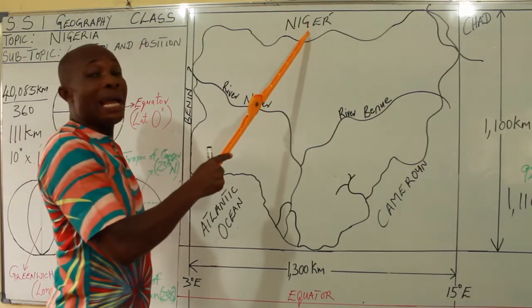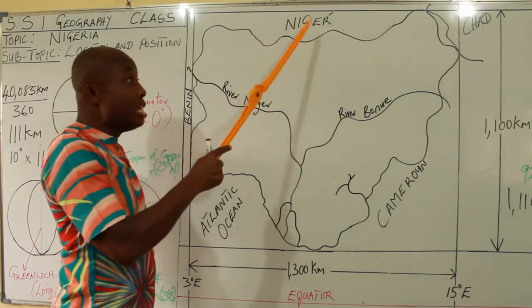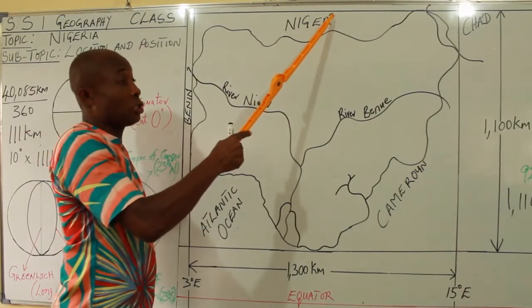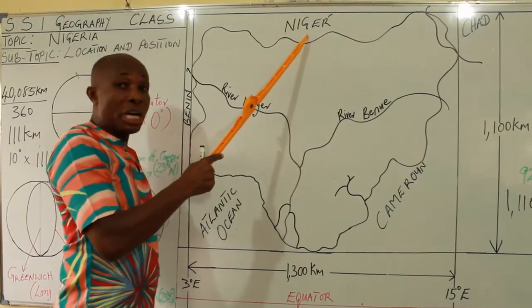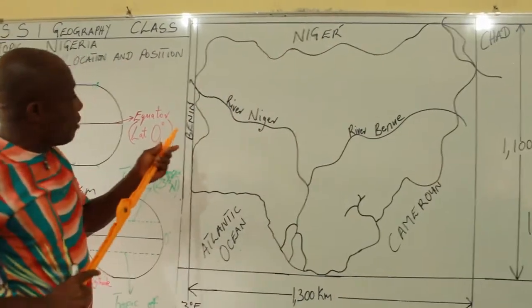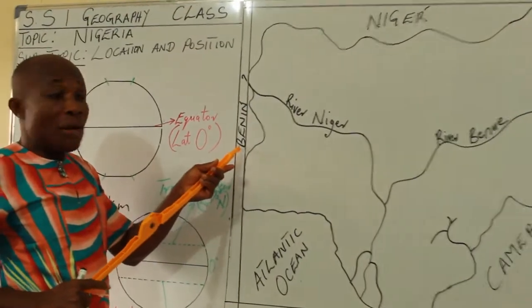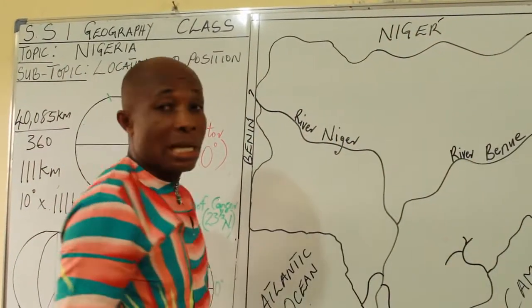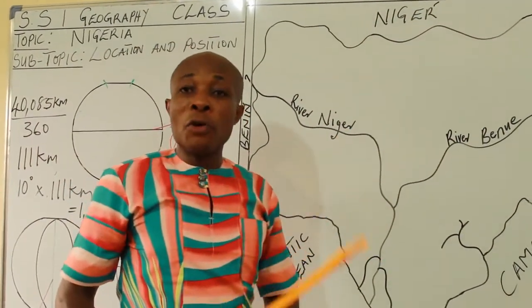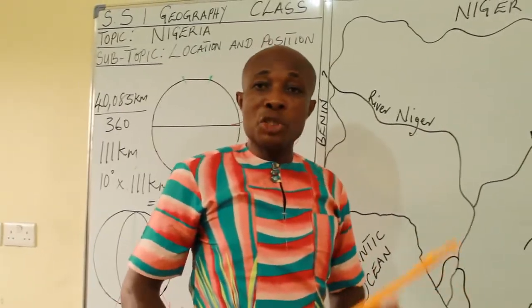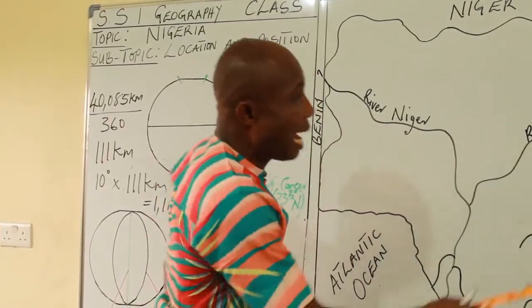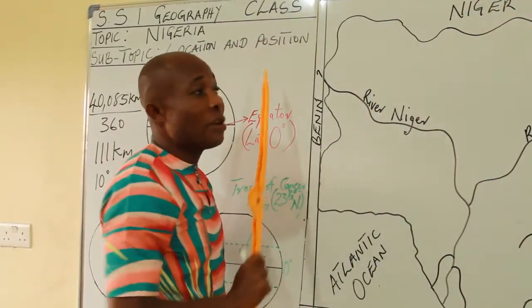This is a French word, not Niger, but that's why I'm putting this hyphen on top. And you have Niger Republic. Then you now have Benin Republic. These 4 countries are all Francophone countries, French-speaking countries, and they are the neighbors of Nigeria.